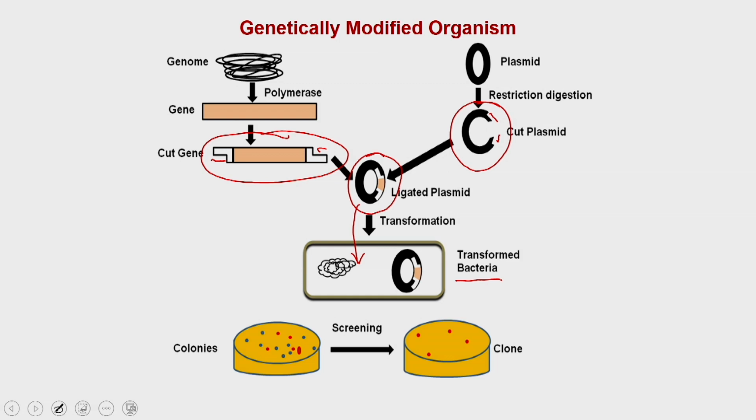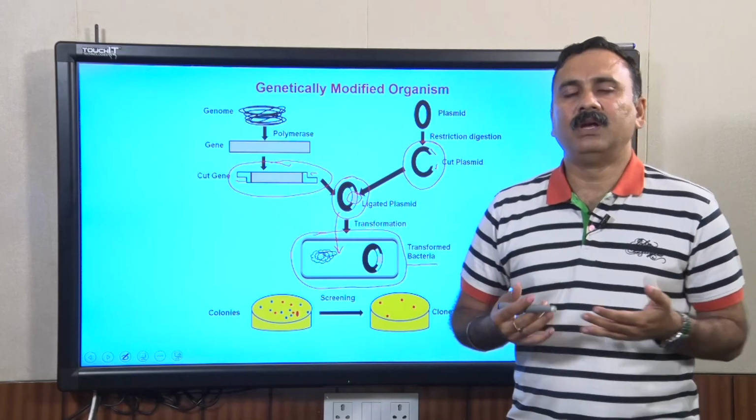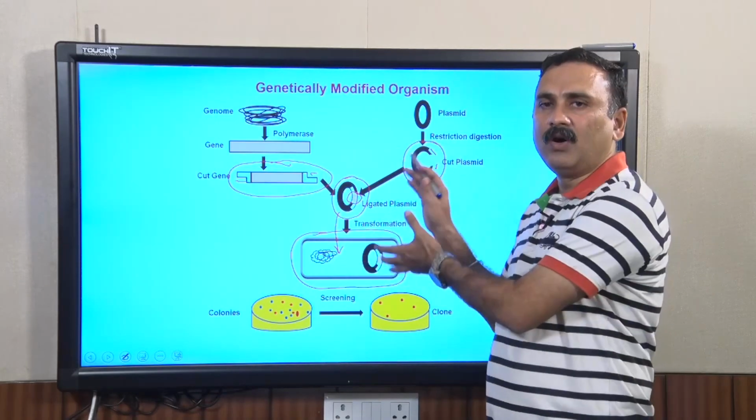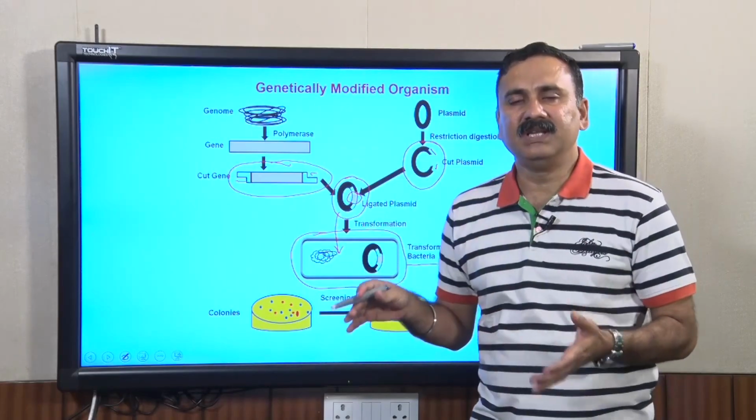Once you insert these into the host cells, the host cell will take up this recombinant DNA and start expressing the foreign gene you have put inside the plasmid. So, in today's lecture we are going to discuss the different methods of entry of this recombinant DNA into the host species.